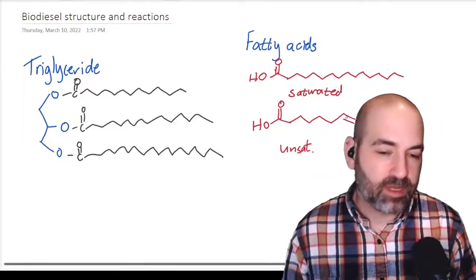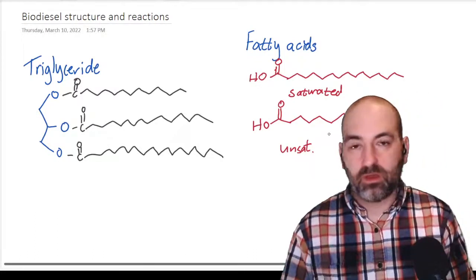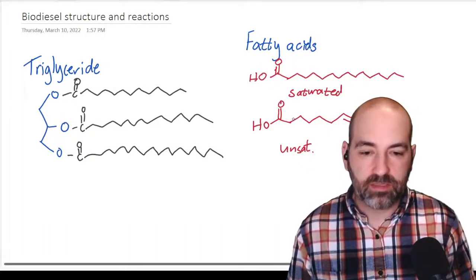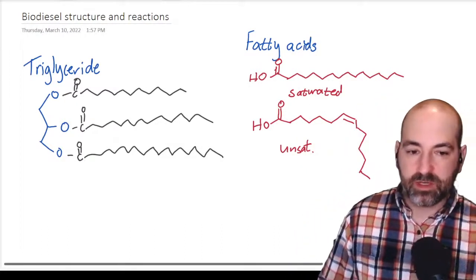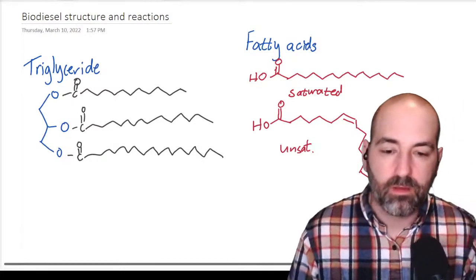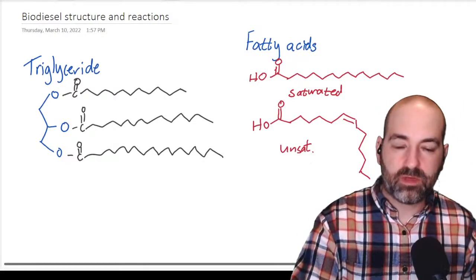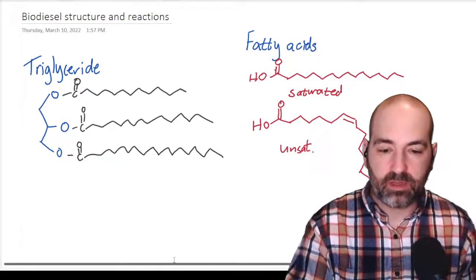And other things like oils, olive oil, the canola oil that we used in class to make the biodiesel from, those would be largely unsaturated, like this structure here. And that's because those would then have weaker intermolecular forces.